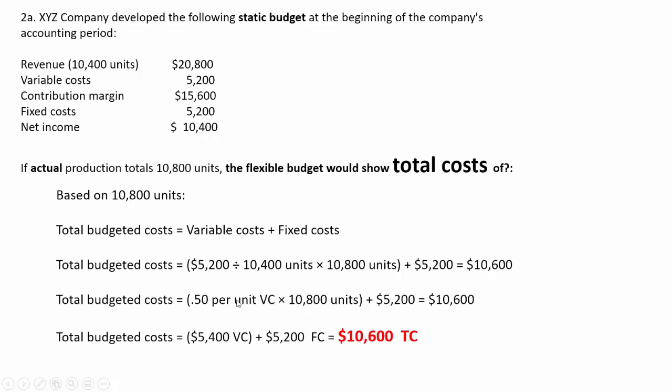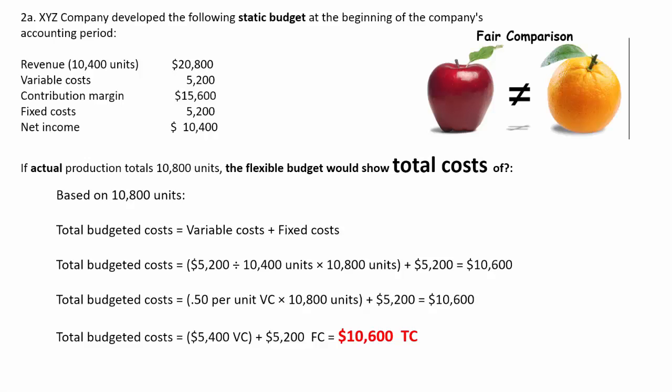So when you multiply 50 cents per unit variable cost times 10,800 new units, so that's the new level we're operating at, you get a total variable cost of $5,400. Your fixed costs stay the same, and the answer that we're looking for here would be a total cost of $10,600. Remember, if you want a fair comparison, you don't want to use a static budget. You want to use a flexible budget.